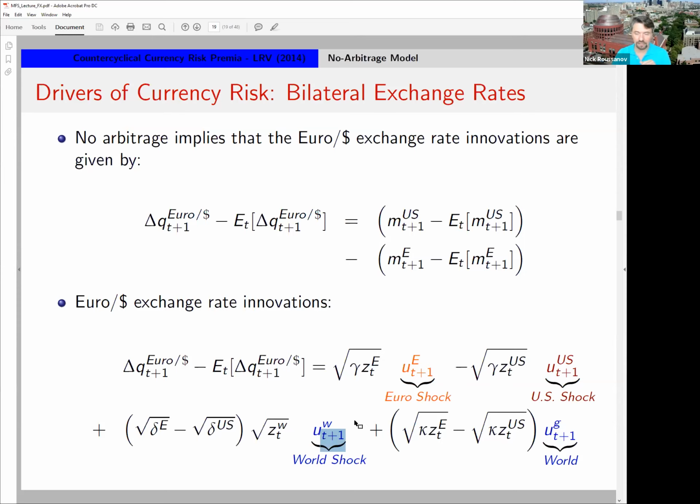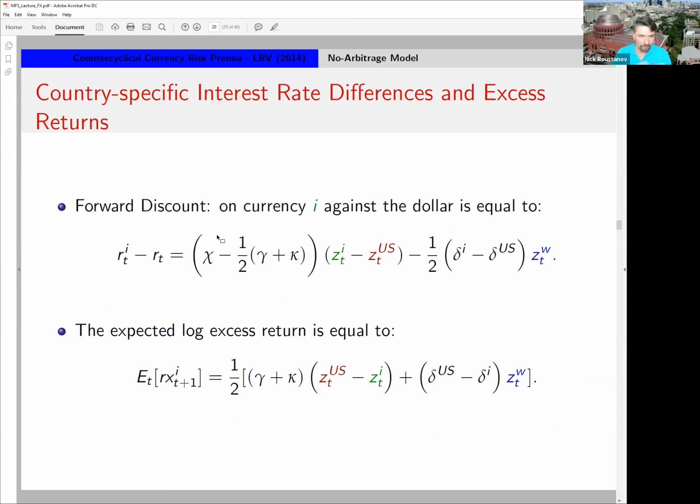So what do forward discounts look like in this economy? Well, because everything is affine, the forward discount vis-a-vis currency I is driven by the difference between currency I's local or country-specific state variable and the U.S. country-specific state variable, as well as by the differences in their exposures to the global state variable.